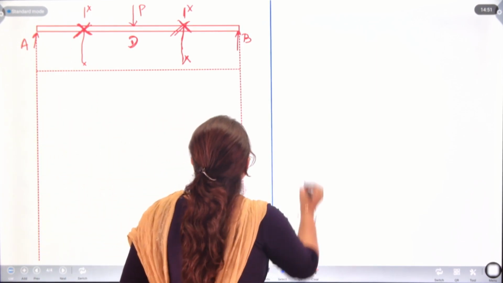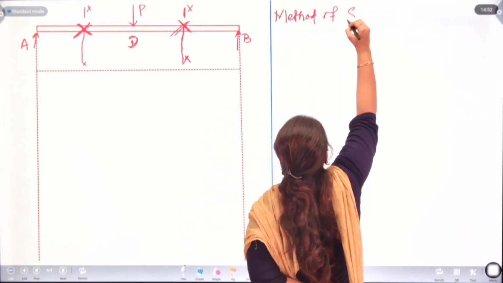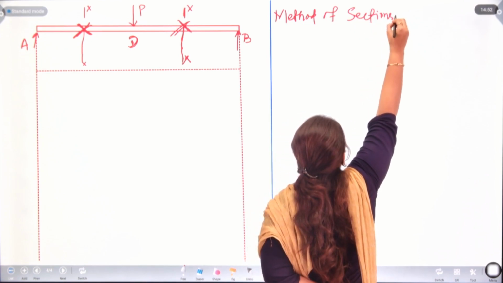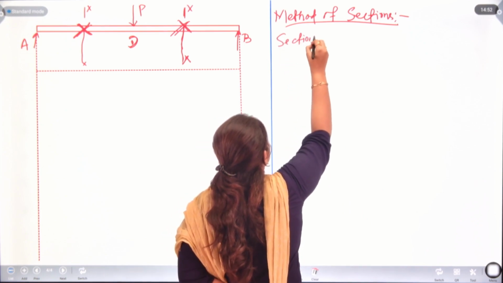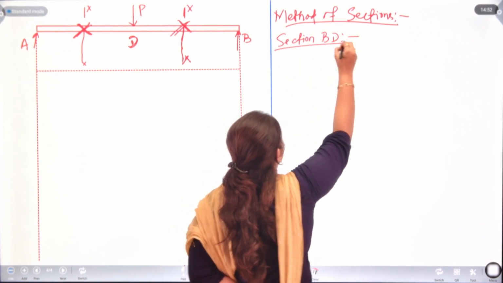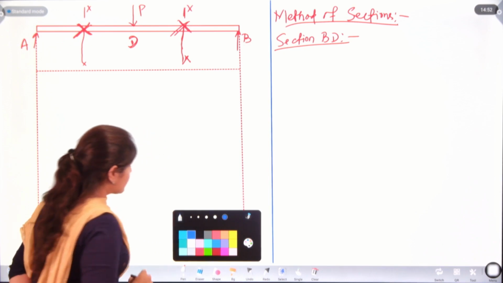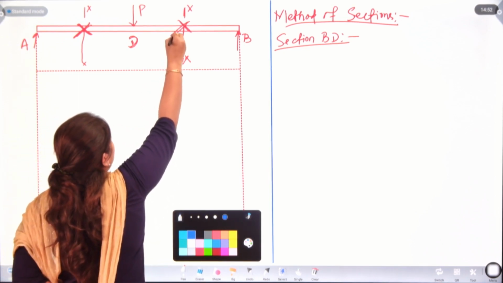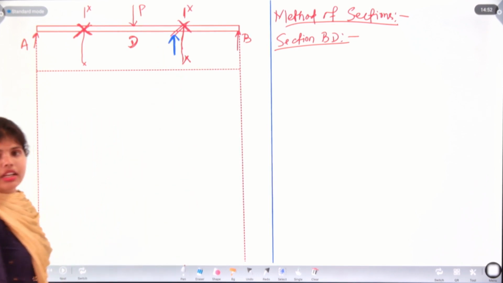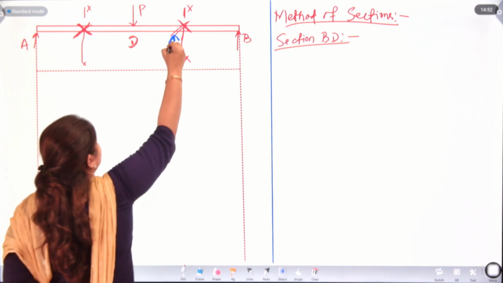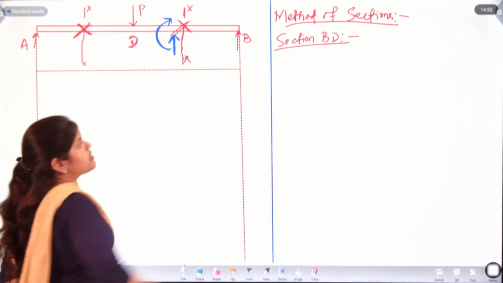So, in section, let's take section BD first. Section BD first. So, listen carefully. Here let's place the shear force in the downward direction and the moment will be anti-clockwise.